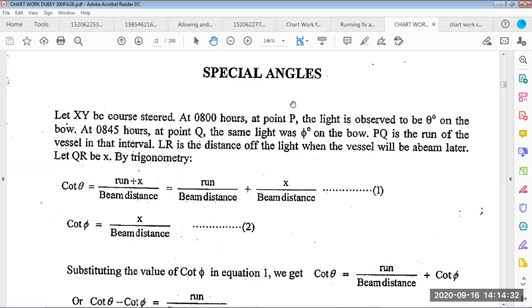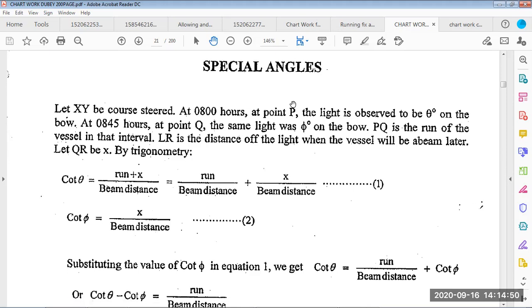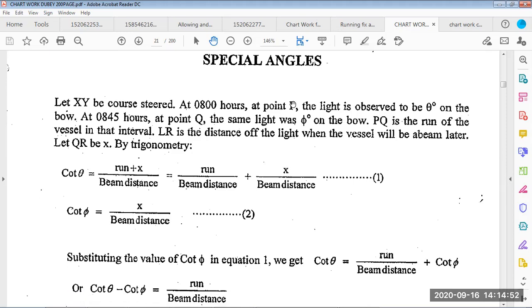Then next is special angles. When we cannot have the doubling the angle and it is not possible, then we can have some special angles, that is, whatever angles we get with the lighthouse. There are some set of angles.